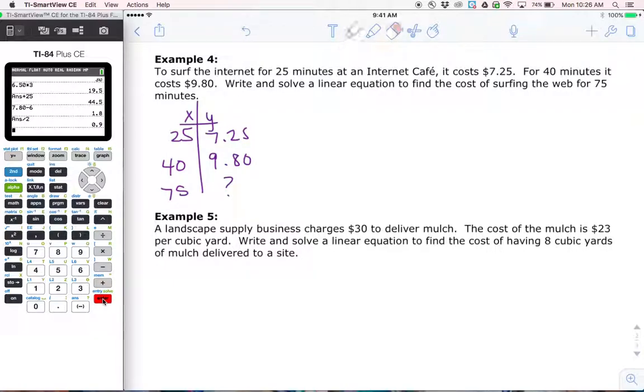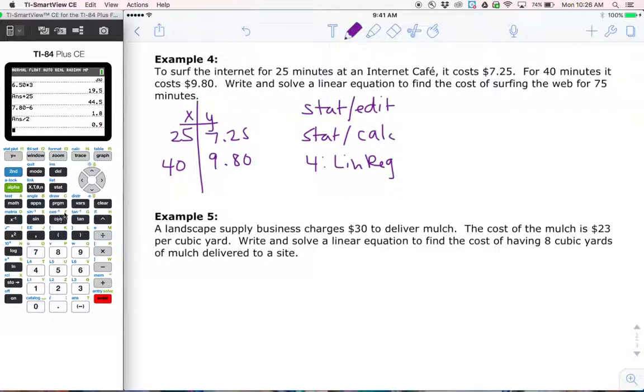Okay, so what I'm going to do is use the information that I have, 2 good points, and I'm going to use my calculator. I'm going to write down the steps here real quick, just in case we forgot. Remember, we do stat edit, and then we do stat calc, and then we choose option 4, which is linear regression. We're going to go to stats, go to edit, and put in our numbers.